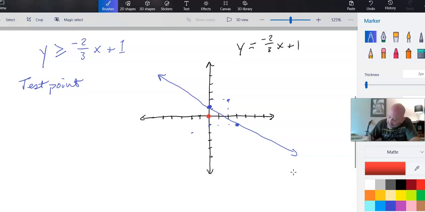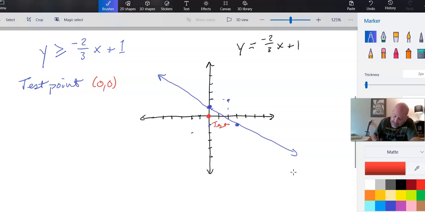So our test point is going to be 0, 0. It doesn't have to be the test point. I could have used any of the points in the plane. The only reason I use 0, 0 is because it's convenient.